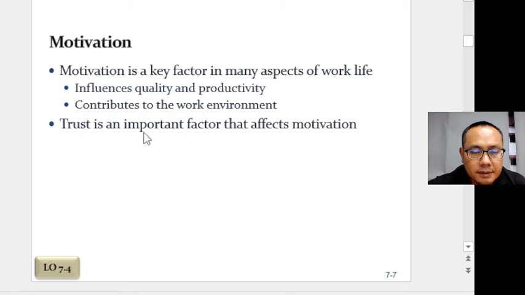This one, as you can see, will be discussed a lot and in depth, especially in organizational behavior, or even in motivation, in communication, in strategy. Okay.